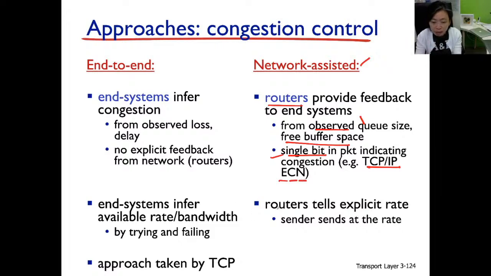What's nice about this approach is this: the routers observe exactly how much free space there is, okay? And they divide by the number of flows, the number of connections going through. Routers can also be more explicit, telling the receiver to inform the source: now, set the sending rate to this size. Set your sending window size to a particular size, such that we will not be overwhelming the router buffer space.